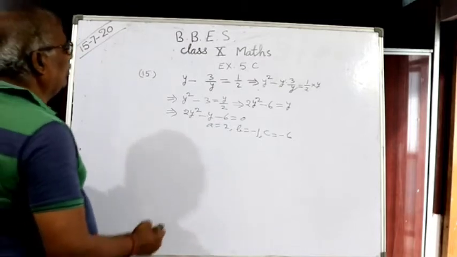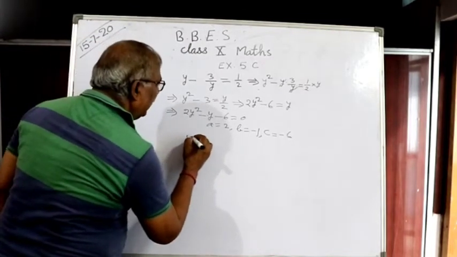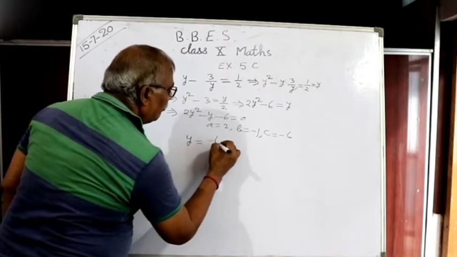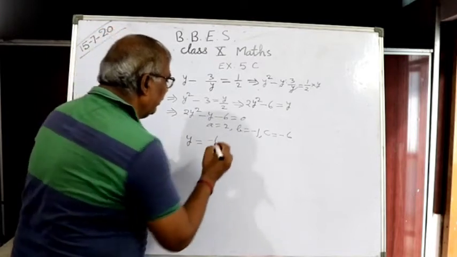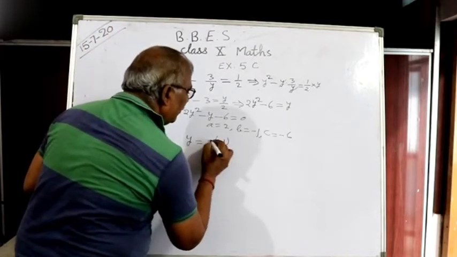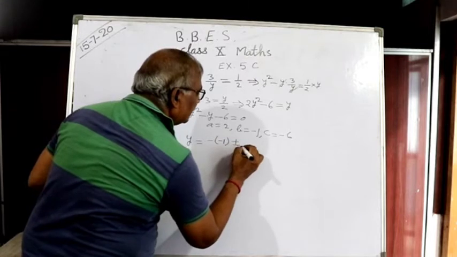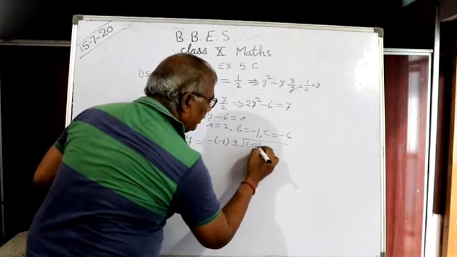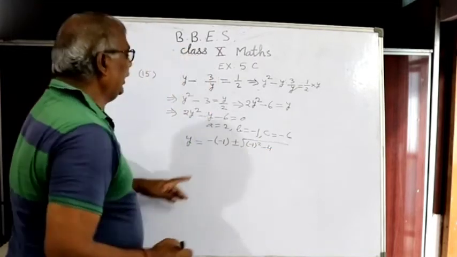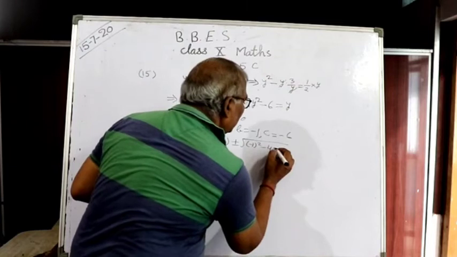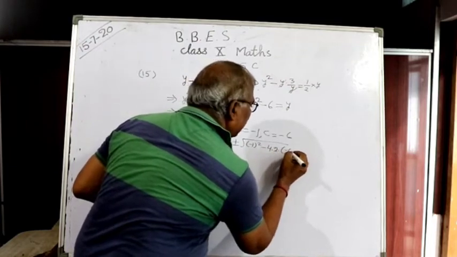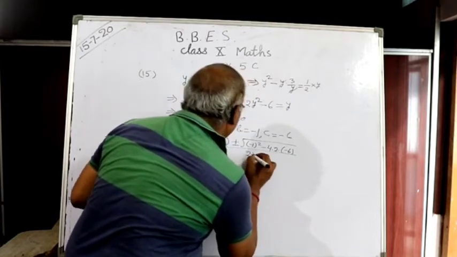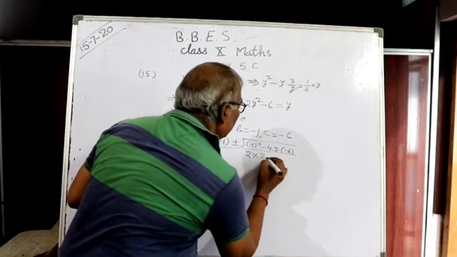Then we apply the formula to find the value of y. y is equal to minus b, value of b is minus 1, minus b plus minus square root of b square, means minus 1 square, minus 4 into a is equal to 2 and c is equal to minus 6, upon 2 into a is equal to 2.